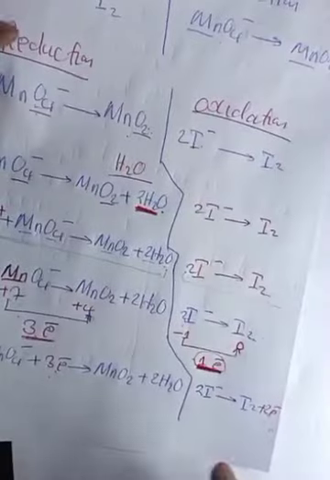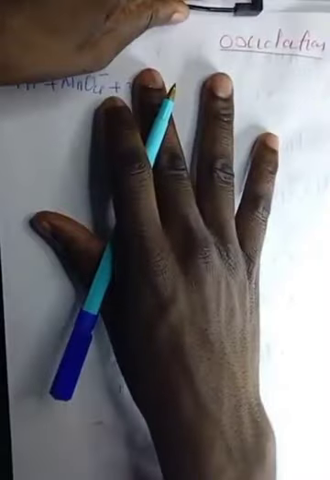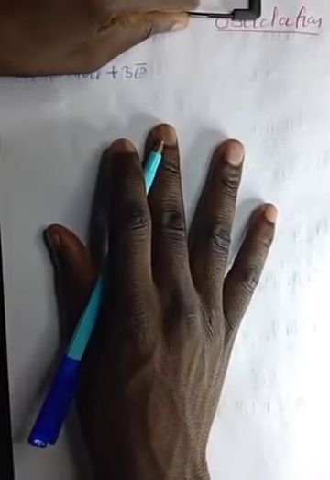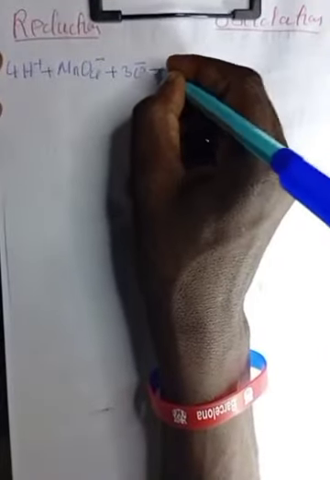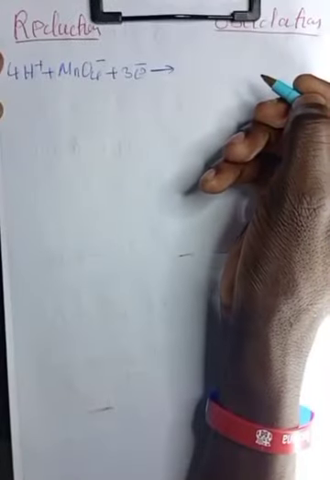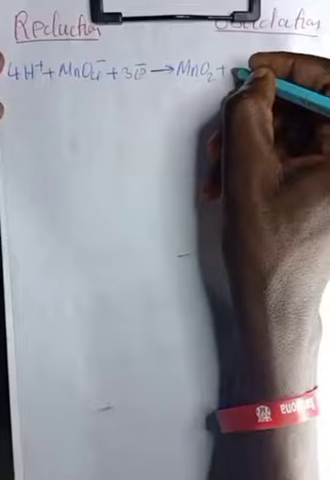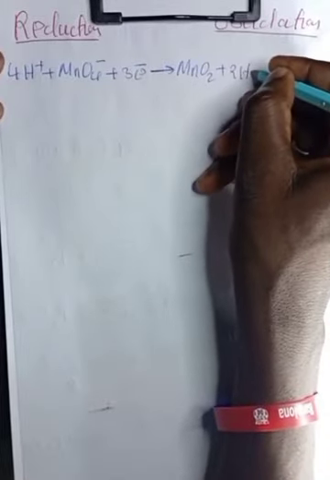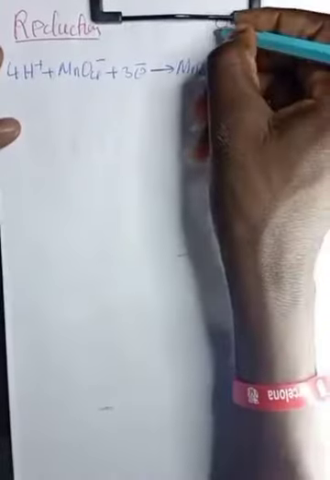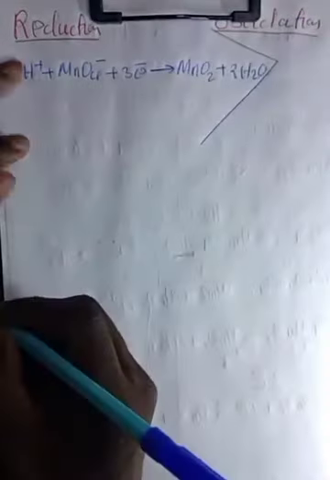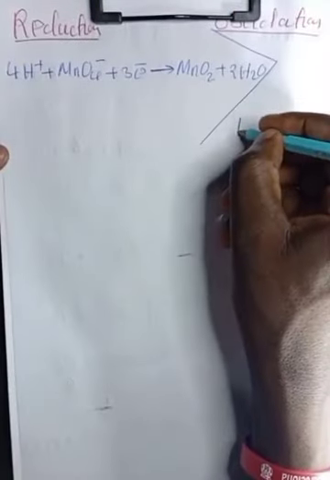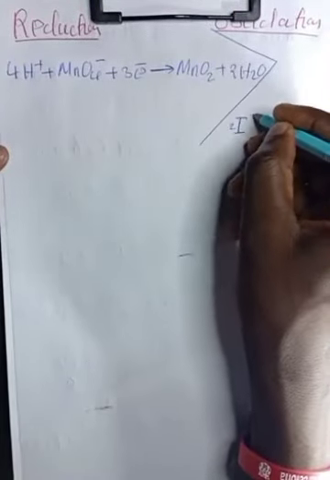Okay, yeah. 3 electrons, we are getting something here. It's giving us MnO2 plus 2H2O, like this. Yeah, like that. Then, in the case of this other reaction, it is 2 iodide.